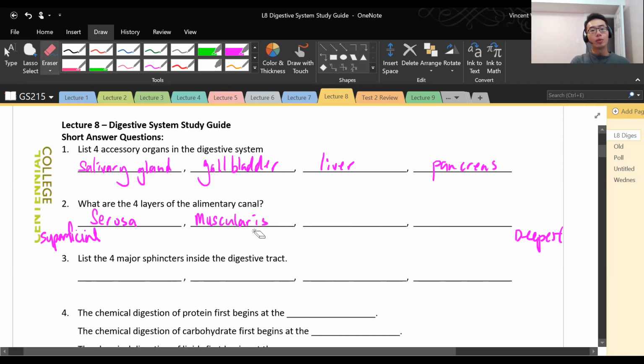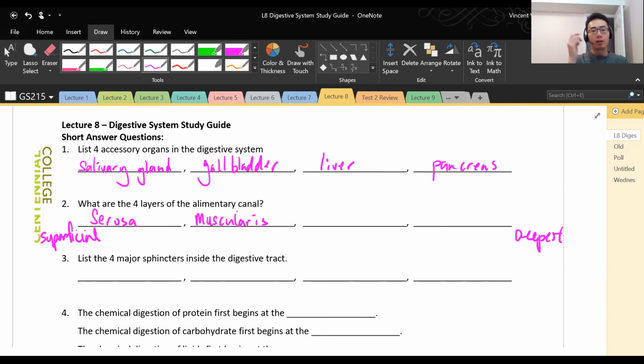So typically there are 2 layers for the muscularis for a majority of the alimentary canal. There is the longitudinal layer, which means the fiber runs parallel to the canal, and they're responsible for this kind of motion. And then there is the circular muscle layer, and the circular muscle is basically a ring. Imagine this is the alimentary canal, this is the lumen, that's where the food is.